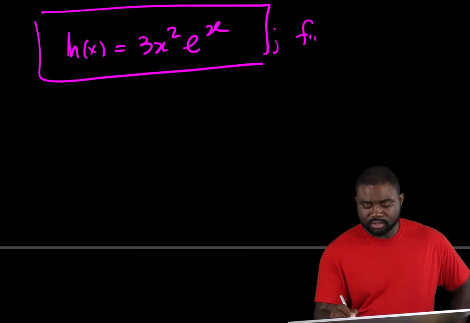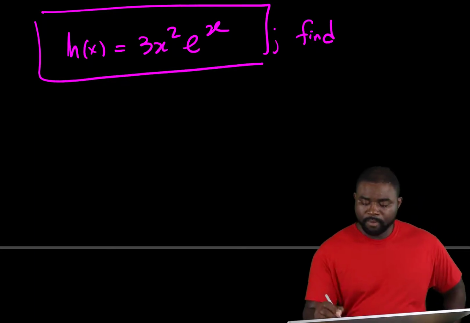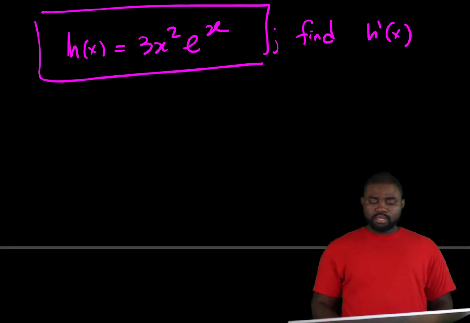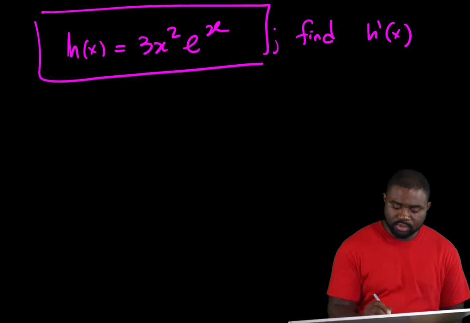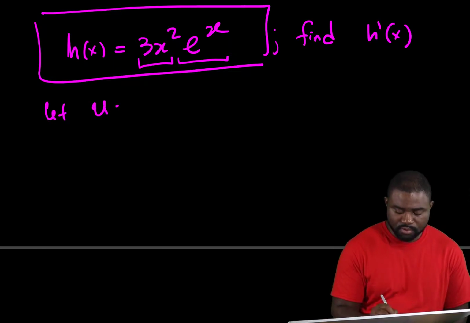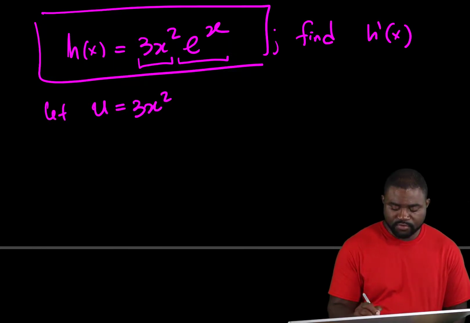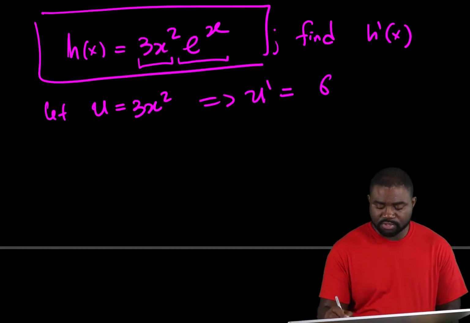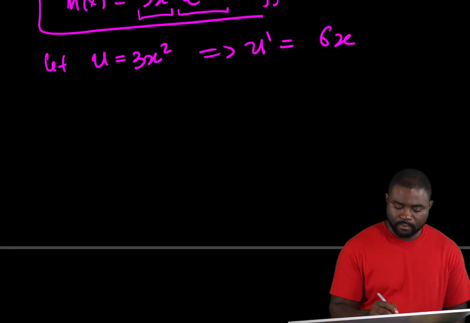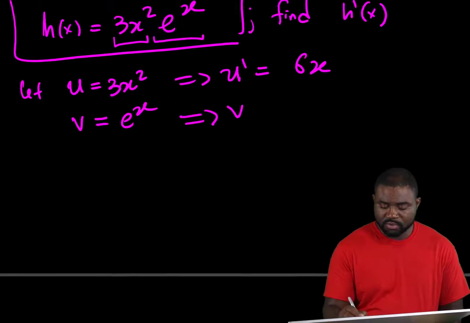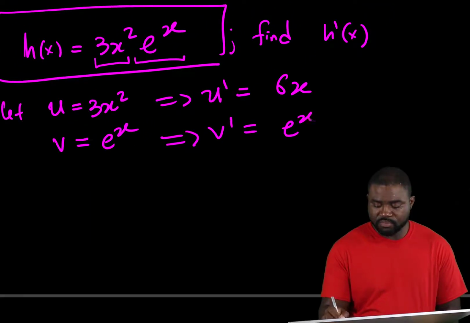We are required to find h prime of x. This is a product. This is the first function. This is the second. So we could say that let u be equal to 3x squared. This would mean that u prime is equal to 6x. Let v be equal to e raised to the power x, which means that v prime is e raised to the power x.